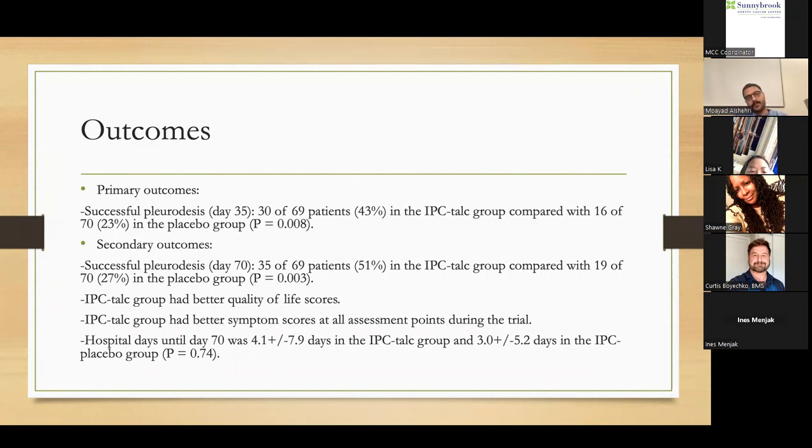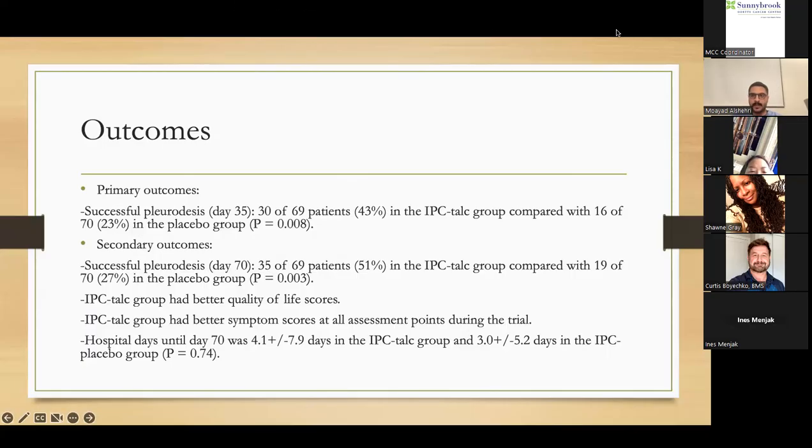The secondary outcome at day 70 was 51% in the IPC-Plus group versus 27% in the IPC alone group, again with a significant p-value of 0.003. The IPC talc group had better quality of life scores. The IPC talc group had better symptom scores at all assessment points during this trial.